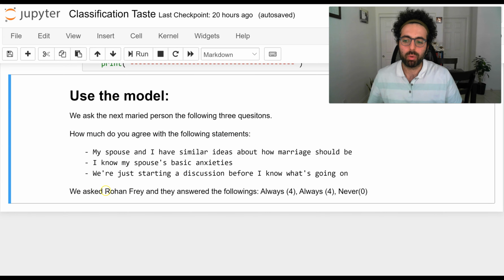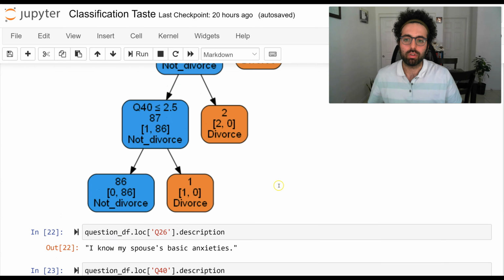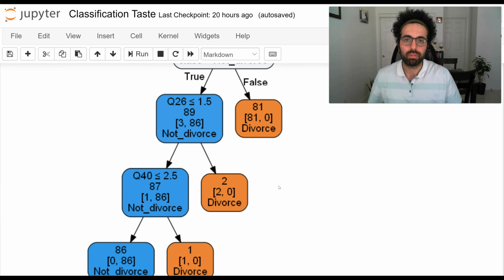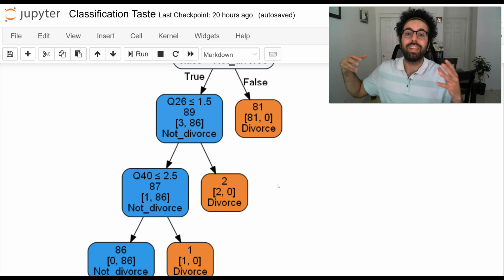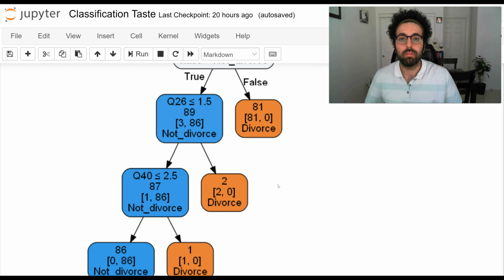For example, we ask them, and they say always to question 18, always to question 26, and never to question 40. Then we bring these answers to this packaged pattern, and it gives us an idea, based on the knowledge or pattern we found from these 170 data, of what we expect to happen to this new data object.